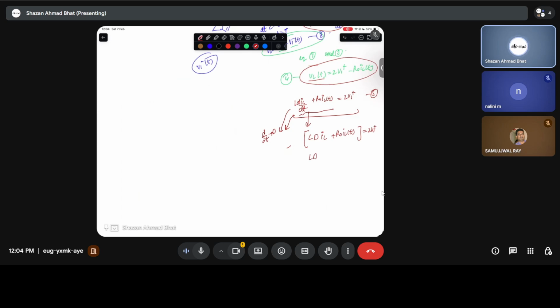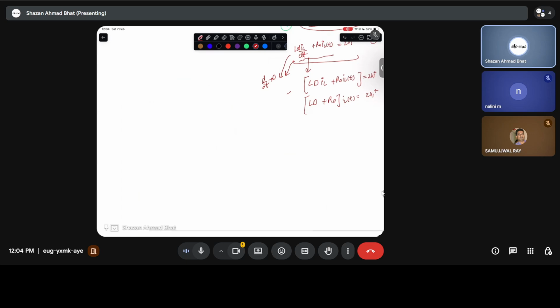If we write it as L dI_L/dt plus R0 I_L(t) equals 2V1+. So you can solve this differential equation. You can divide by R0, or even by L, that's just your own choice.